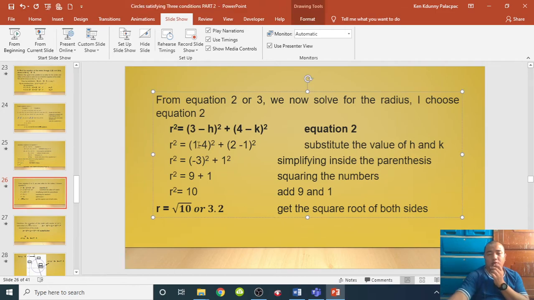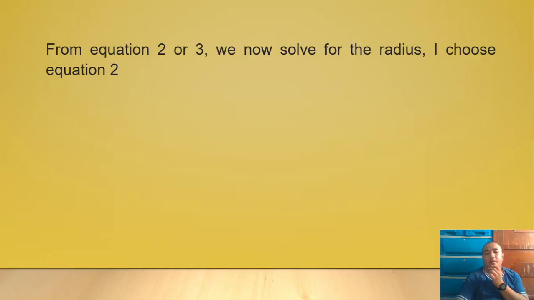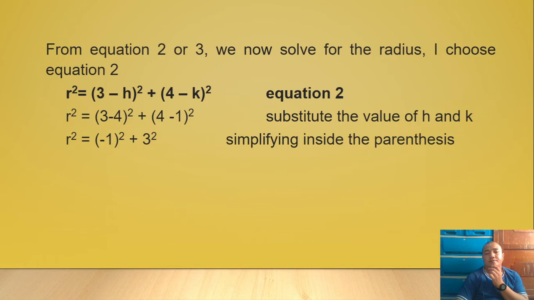Meron tayong mistake dito. It should be 3. It's equation 3. Ayan, 3 minus 4 is negative 1. 4 minus 1 is 3. Pareho pa rin. Negative 1 squared is 1. 3 squared is 9. So 1 plus 9 is 10.